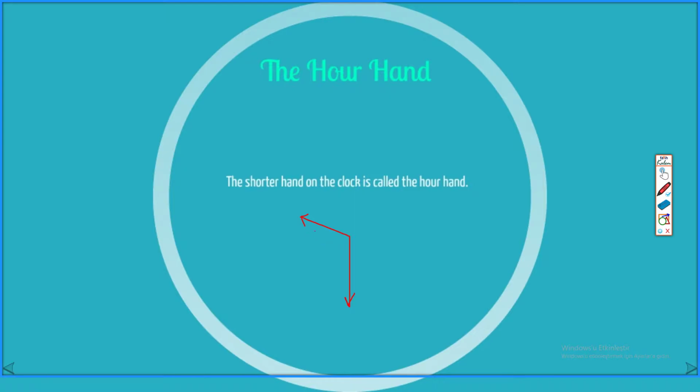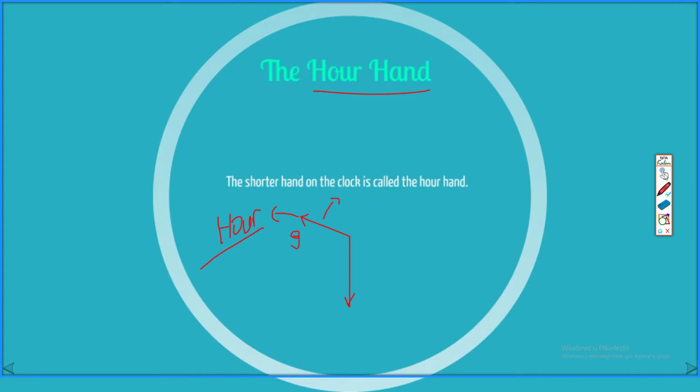The shorter one, this one, is called the hour hand, because it shows the hour. Okay, hour, not whore, by the way, guys. It's a well-known mistake all around the world. It is hour, and for example, it is 9. The shorter hand on the clock is called the hour hand.